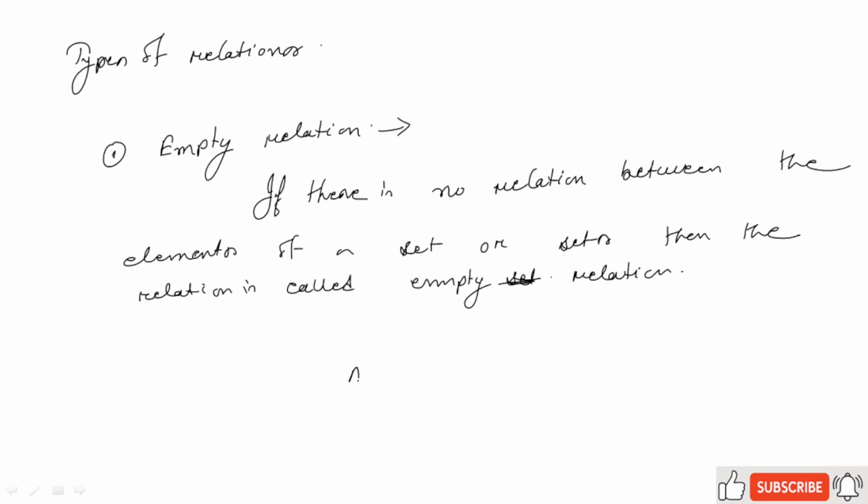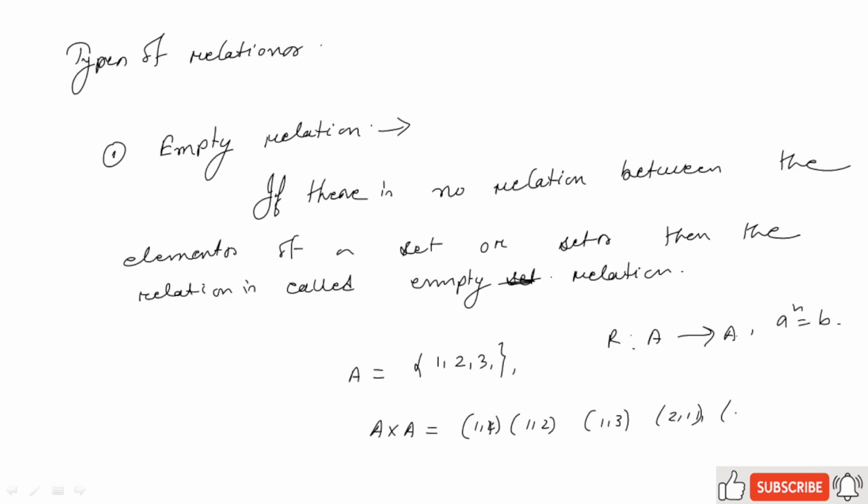So, take an example: A is {1, 2, 3}, and the relation is from A to A, where A square is equal to B. That means the Cartesian product A cross A is (1,1), (1,2), (1,3), (2,1), (2,2), (2,3), (3,1), (3,2), (3,3).